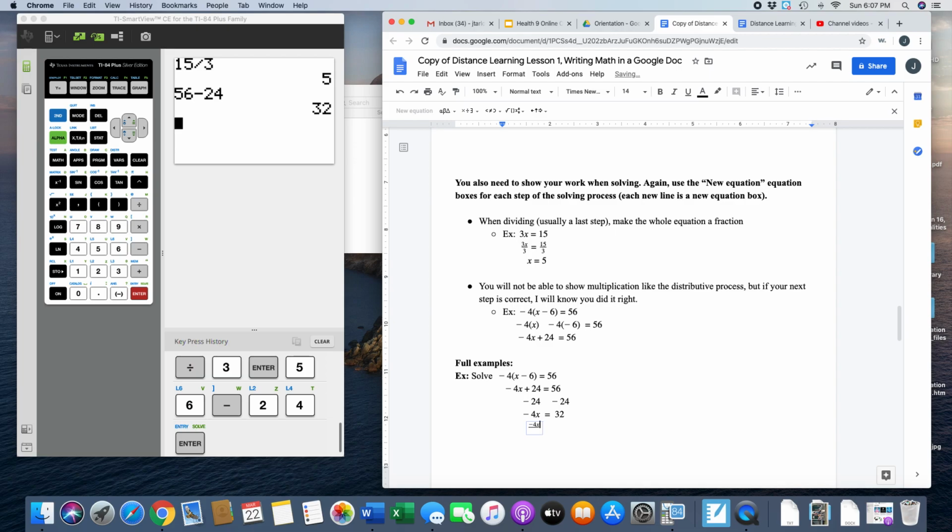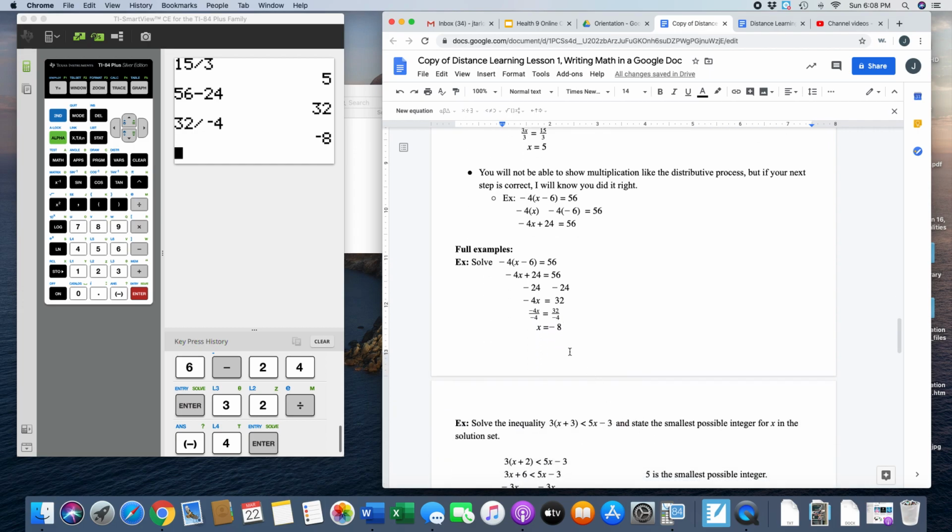So -4x, right arrow, -4. Right arrow gets me off the fraction. I can go to equals, and then another fraction on this side, which will be 32, right arrow, -4. Again, right arrow gets me out of the text box and back underneath it. The whole purpose of that was to get x by itself equals, and then I'm going over here, 32 divided by -4, and I will get -8. So there is my solution, -8.